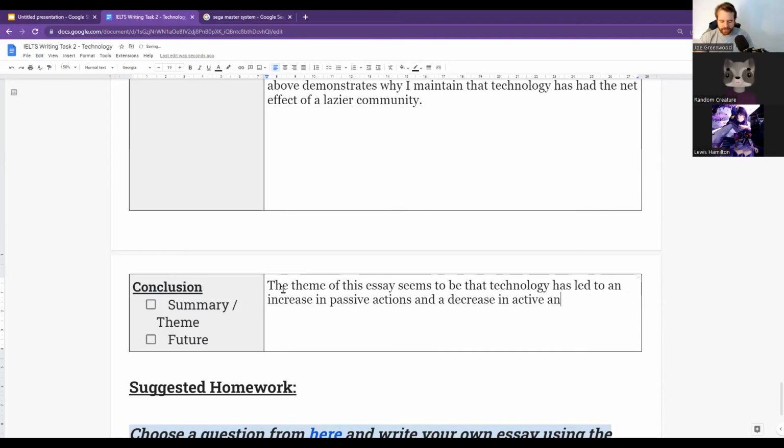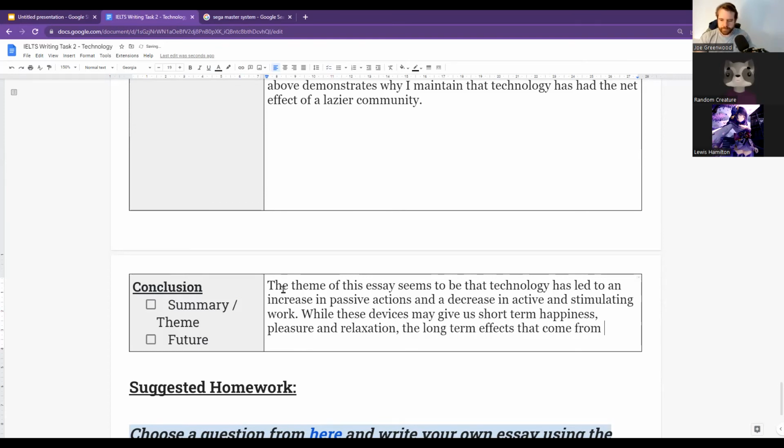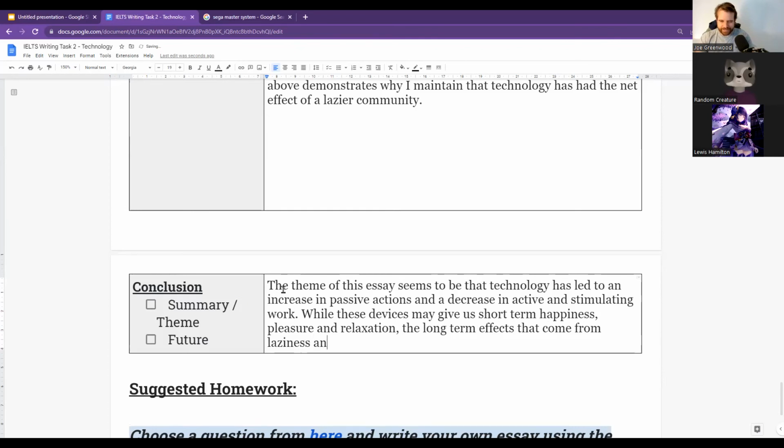Active and stimulating work. While these devices may give us short-term happiness, pleasure, and relaxation, the long-term effects that come from laziness and addiction can be damaging.